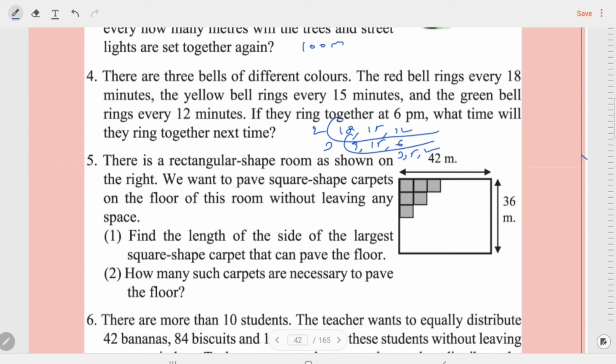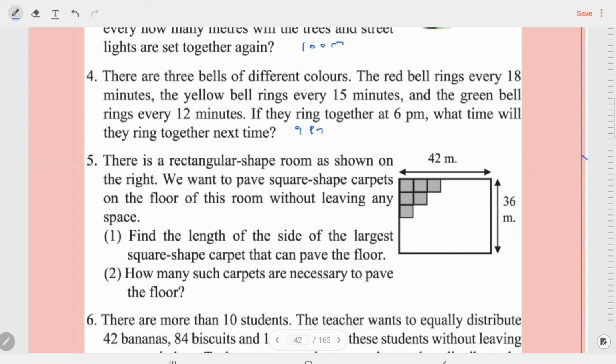That's it, right? 2 3s 6, 6 10s 60, 60 3s 180. So after 180 minutes, 180 minutes means 3 hours. So at 9 p.m.